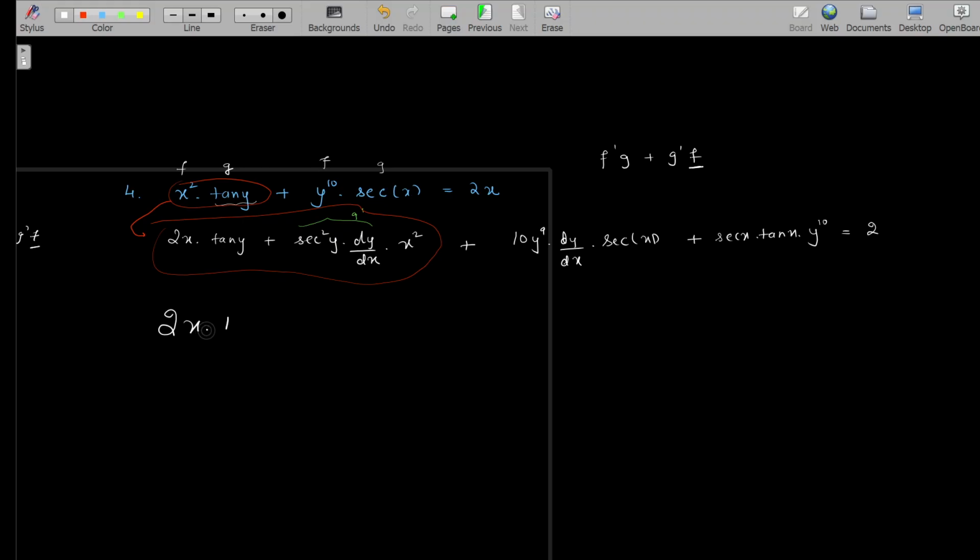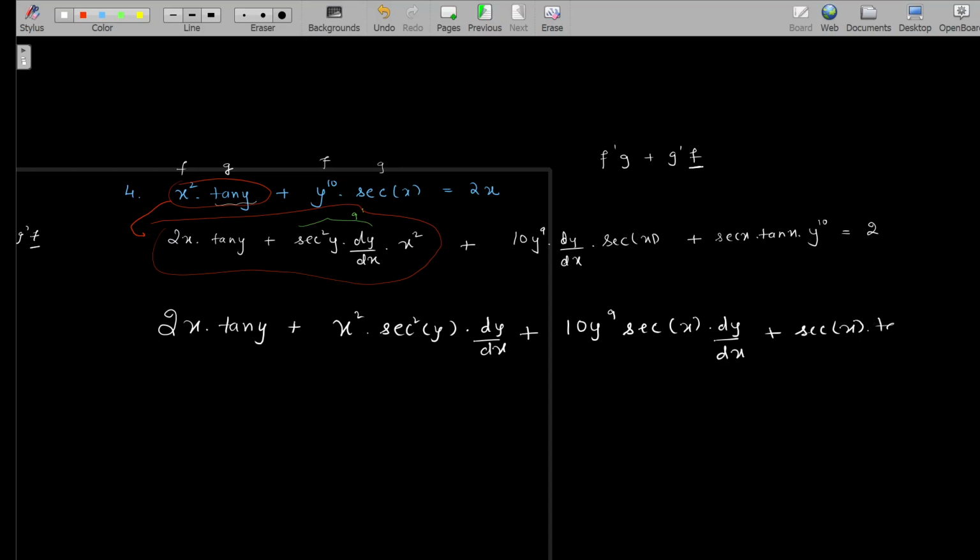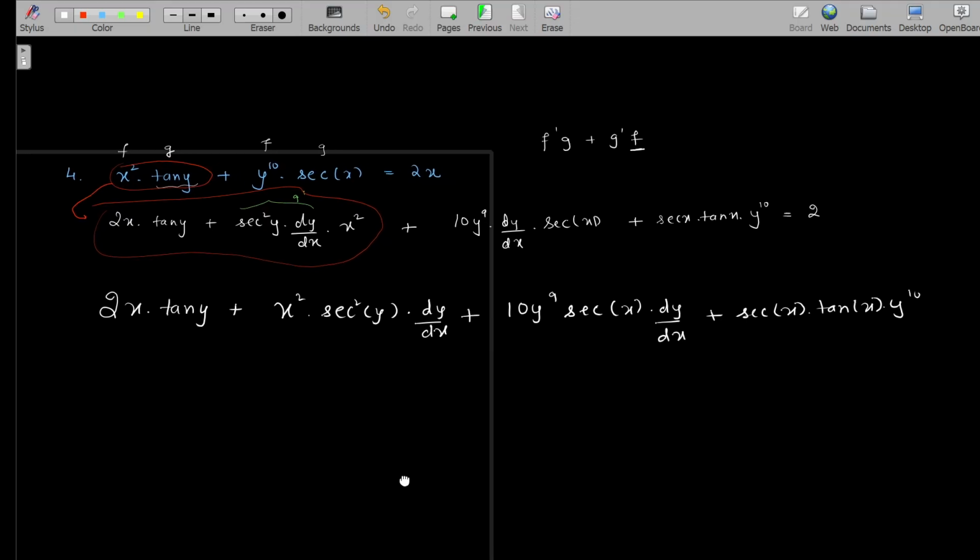So 2x times tan y plus x squared times secant squared y times dy over dx plus 10y raised to 9 secant of x times dy over dx plus secant of x times tangent of x times y raised to 10 is equal to 2.